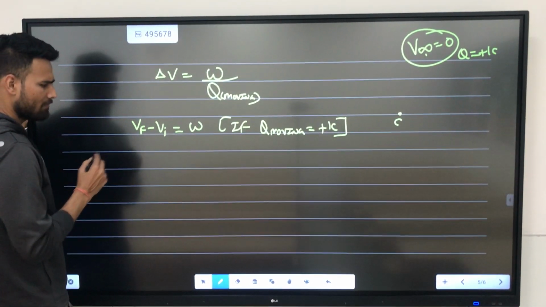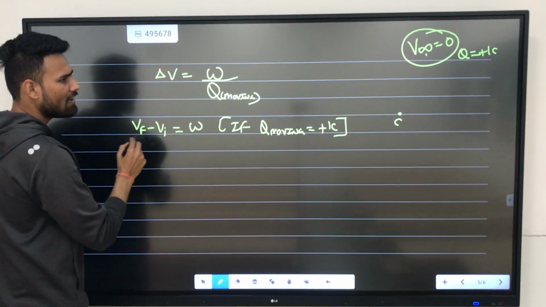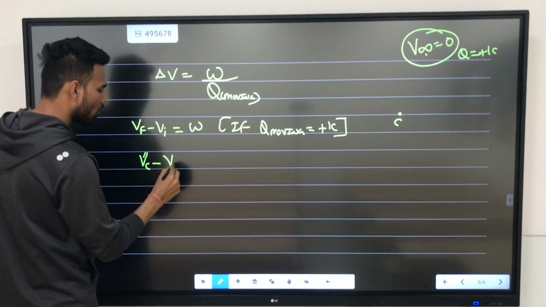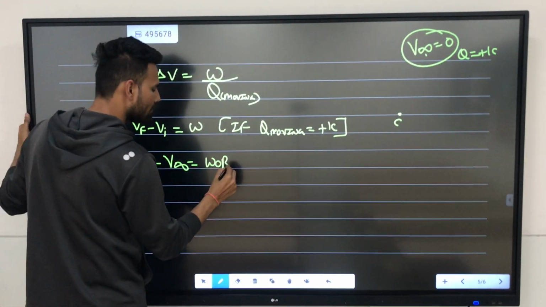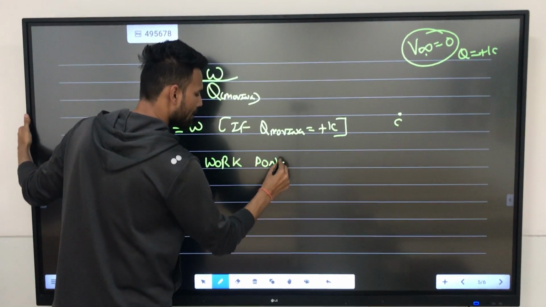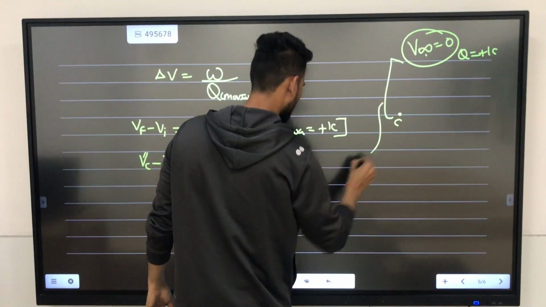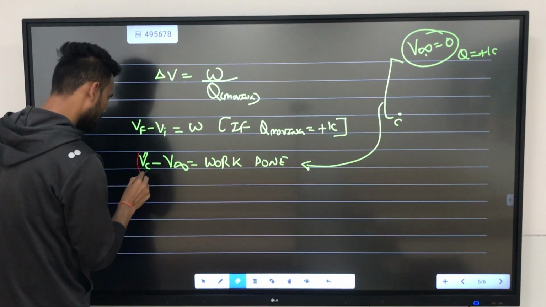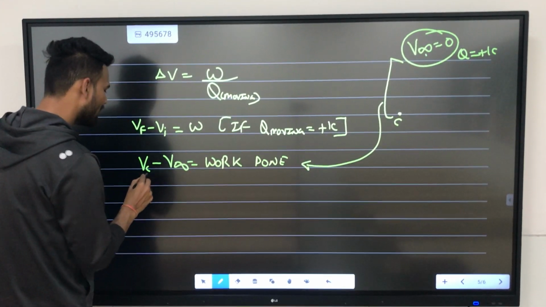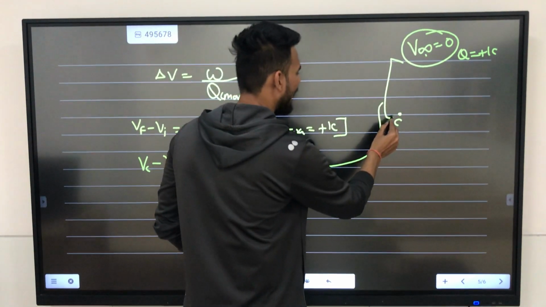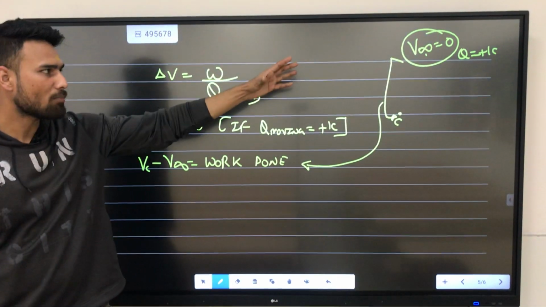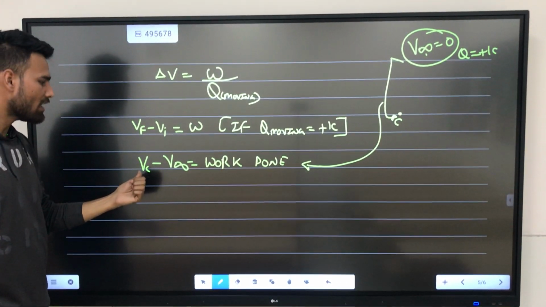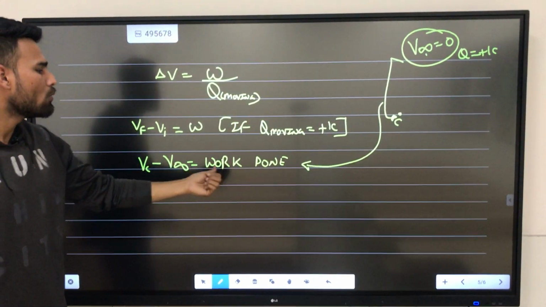So delta V is equal to W, and delta V, final minus initial, means VC minus V infinity is equal to work done. In this particular case, the final point is C and the initial point was infinity; the unit positive test charge was to move from infinity to the point C. So VC, V final, minus V infinity, that is V initial, is equal to work done.